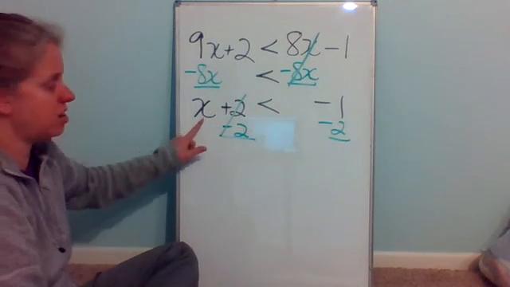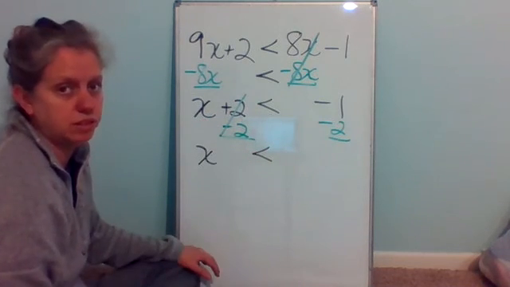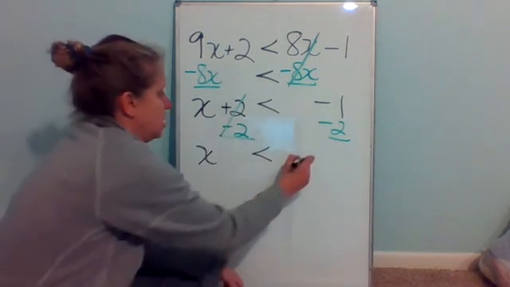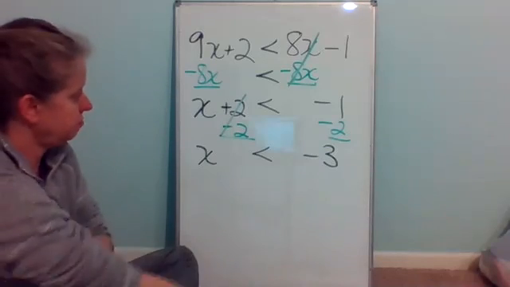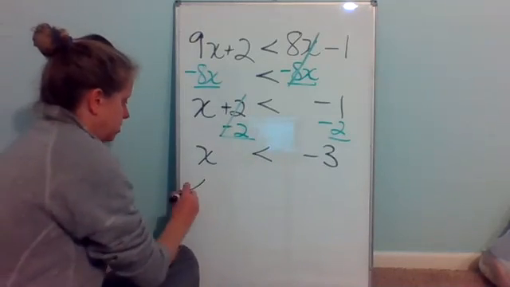So all I have left over here is the x. There's my less than symbol. Here, negative 1 minus 2 gives me negative 3. So remember, it's going to want you to put in not this answer, but the interval answer.